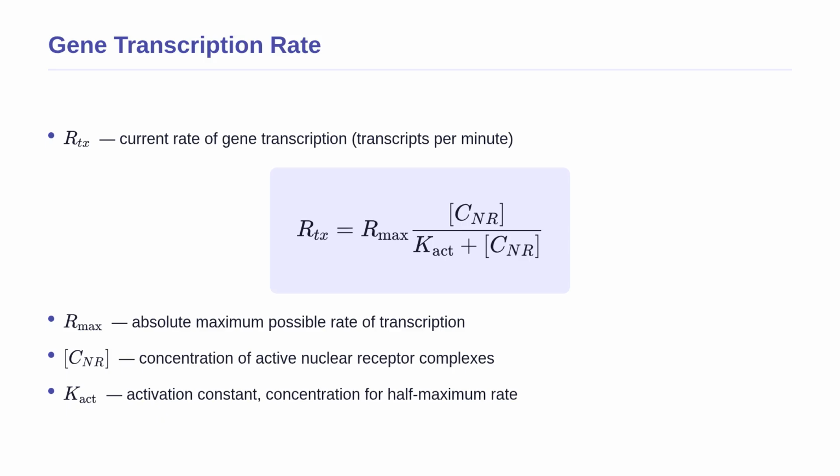The variable C NR represents the concentration of the active ligand-bound nuclear receptor complexes inside the nucleus. Finally, K act is the activation constant, representing the concentration required to reach exactly half of the maximum transcription rate. If the concentration of active receptors increases, the transcription rate will increase until it eventually plateaus at the maximum limit.